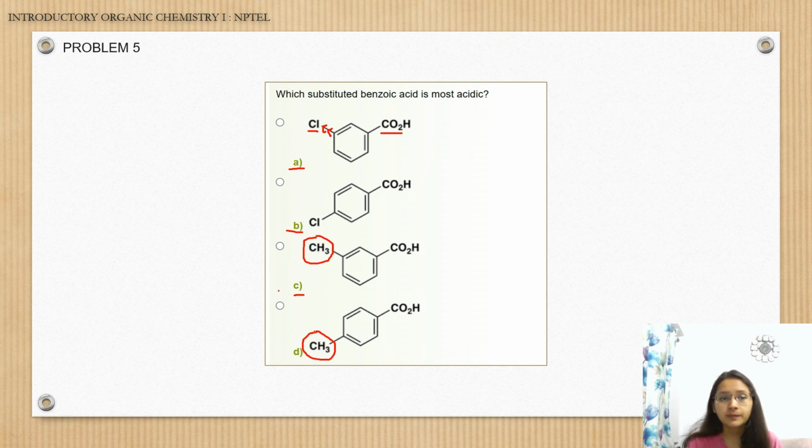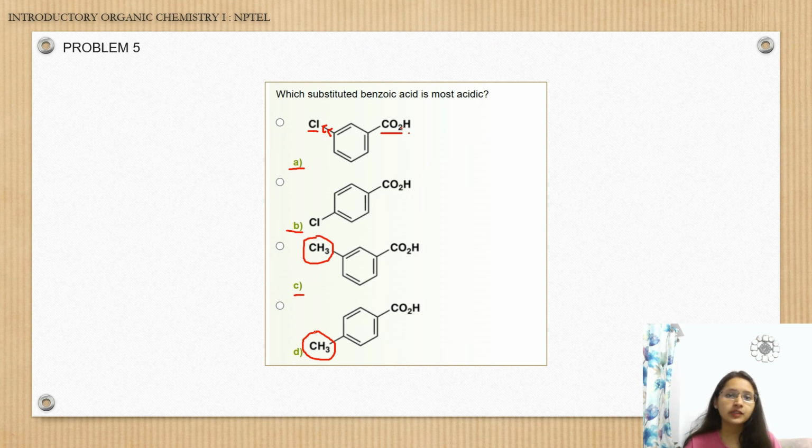If this carbonyl carbon is electropositive, then only this OH is polarized, and this OH, if polarized, will release the H plus very readily. So if the OH group is polarized, only then will it behave as a good acid, right? So we have to see in all the cases which species is making this carbonyl carbon more electropositive. This is the real funda which you have to look at in all the cases. If you have to see the acidity, you need to think about the substituent which will make the carbonyl carbon more electropositive.